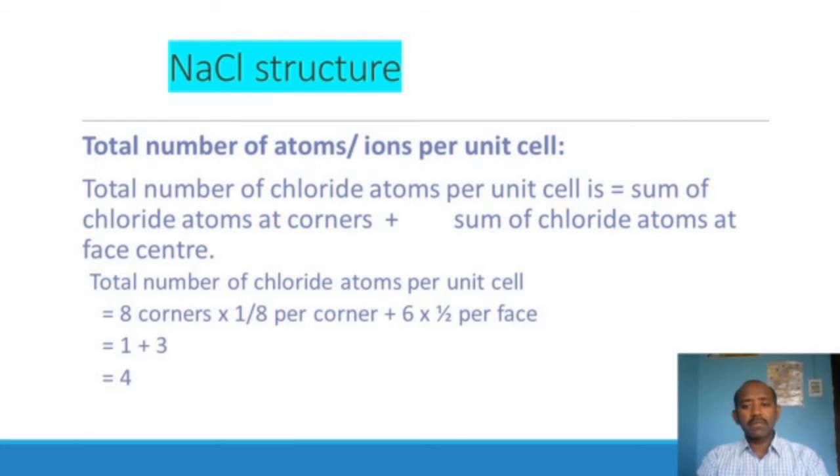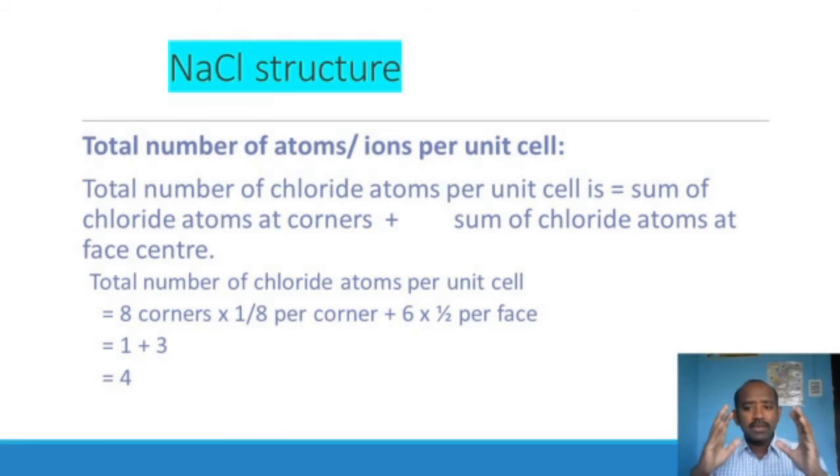The total number of chloride atoms per unit cell, how much is it contributing? We have to add the sum of the chloride atoms at the corners and the sum of the chloride atoms at the face center. Here there are 8 corners, so each atom is shared with 8 unit cells.